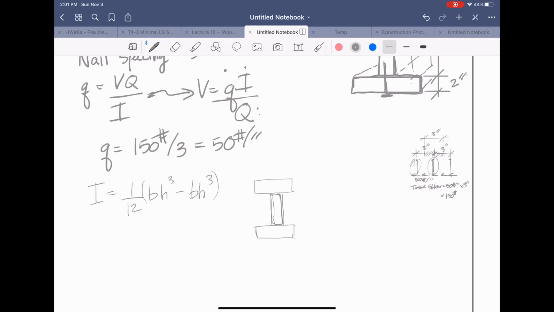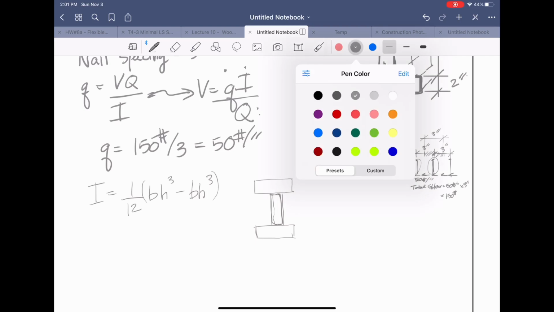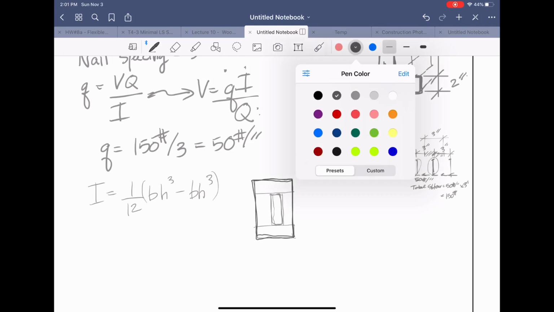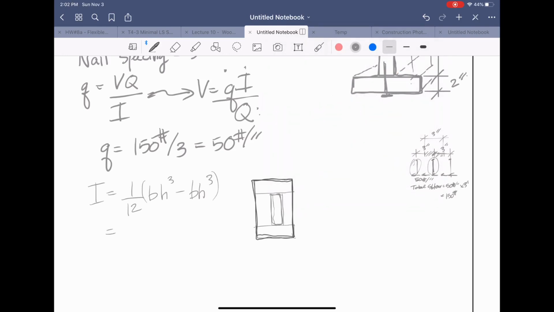What it's saying is that we take the big rectangle here, which is then equal to 1/12 B, which is 6, H is 2, 6, 8, which is 8 inches.